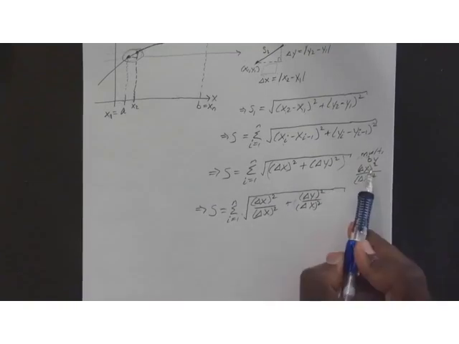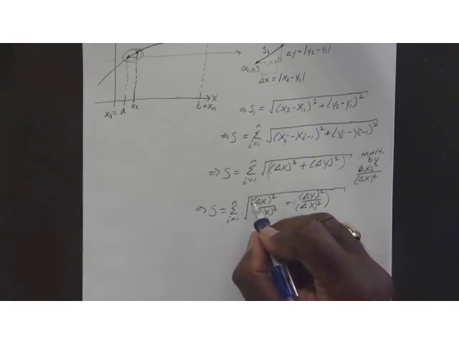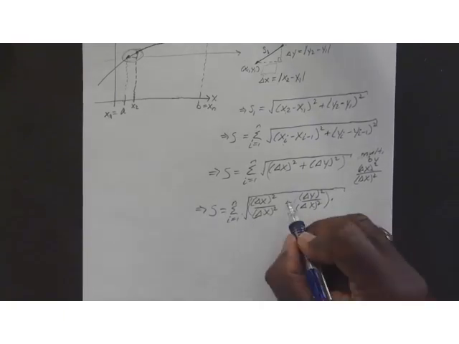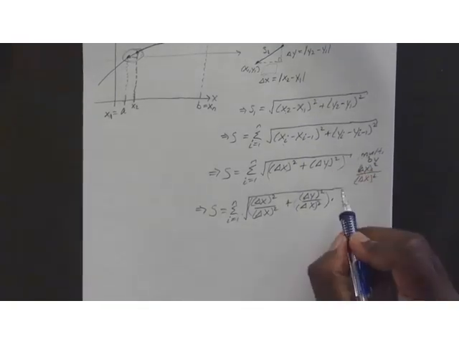Okay, but we still have the numerator delta x squared, so we're just going to have that as delta x squared. So times delta x squared.